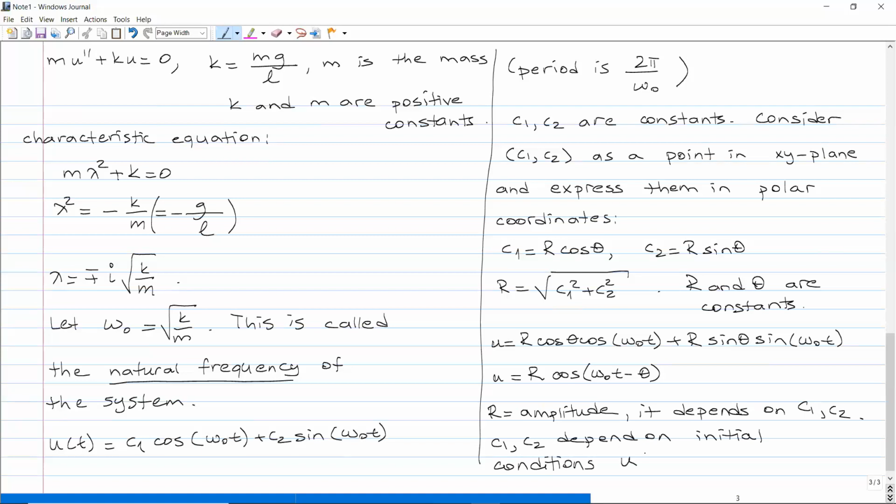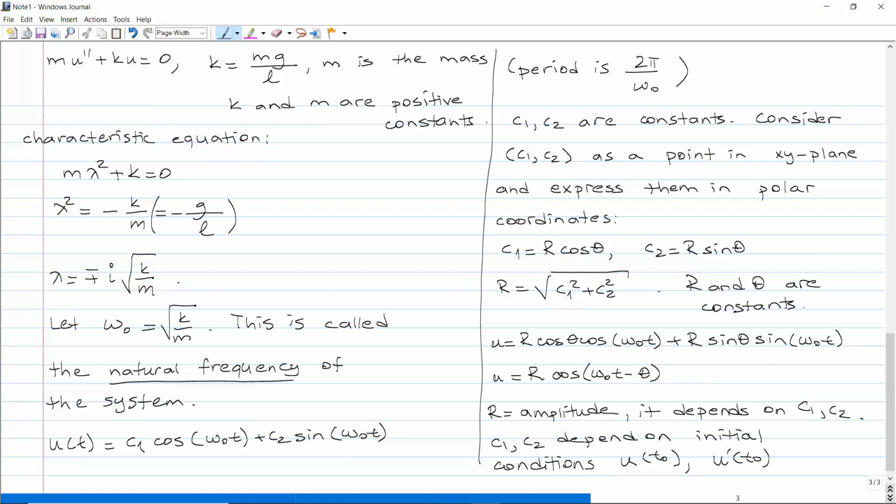The value of U at time t0, and the value of the derivative of U, or the velocity of the system at time t0. This may be the time t equals 0 when the object starts moving. So the constants depend on the initial position and the initial velocity of the object. And depending on the constants, we have the amplitude of the system.